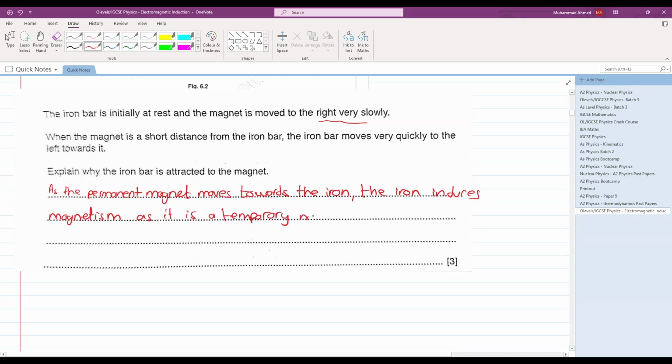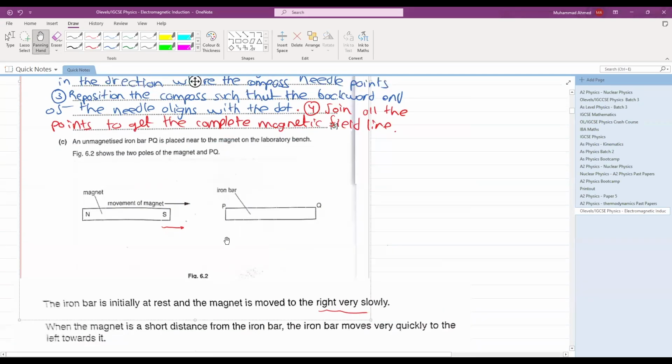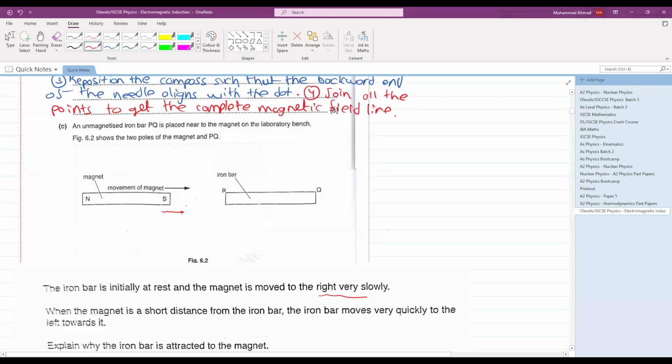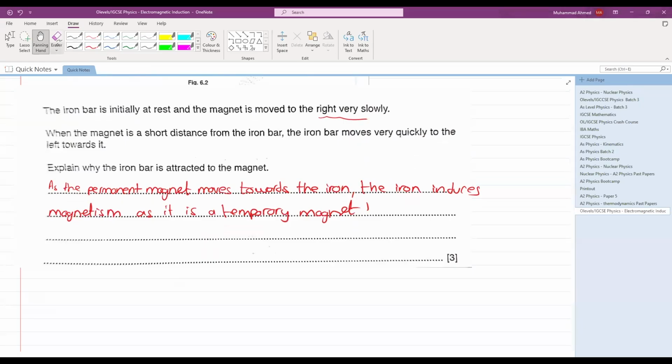What will be your next point? Your next point will be that the end P of the magnet becomes north, and P of the iron bar becomes north.